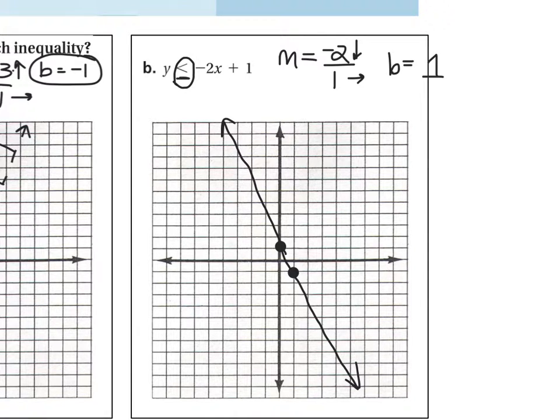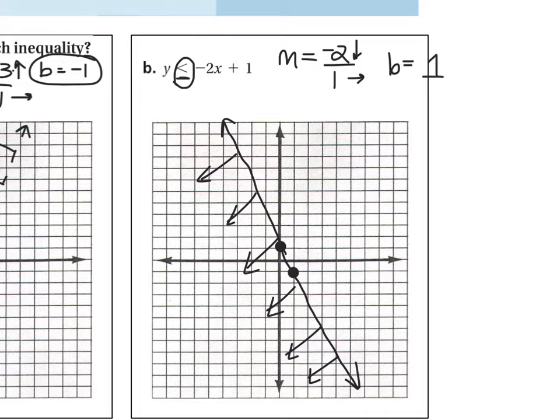Okay, and also because it is less than, that means that I'm going to shade below this line. Below this line happens to be down and to the left. So again, I don't need to color that all in. I just need to draw arrows showing that any answer will be in this area.